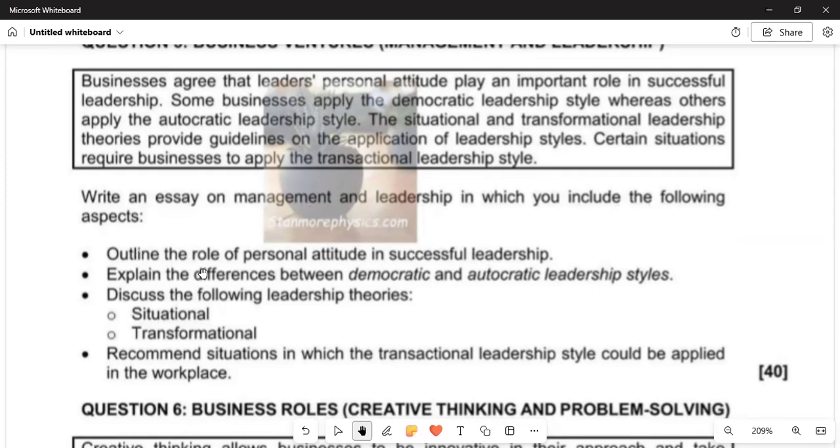Number 2, explain the differences between democratic and autocratic leadership styles. How do these two management styles differ? Number 3, discuss the following leadership theories: situational and transformational. So you need to outline them properly. And the last one, recommend situations in which the transactional leadership style could be applied in a workplace.